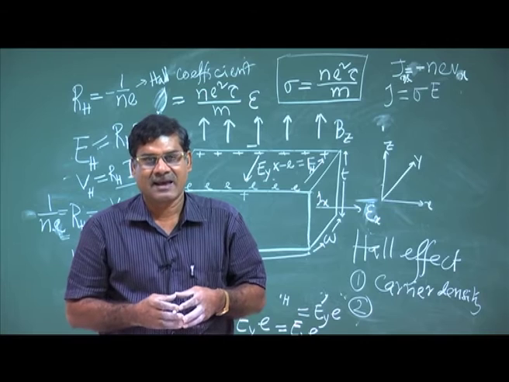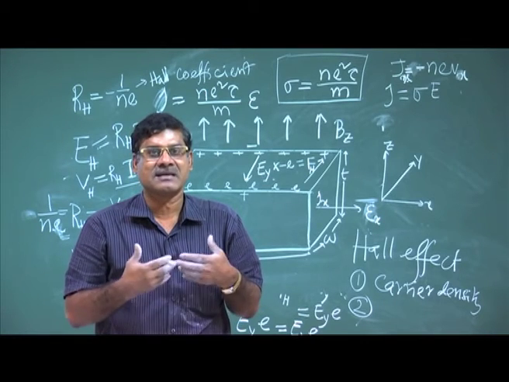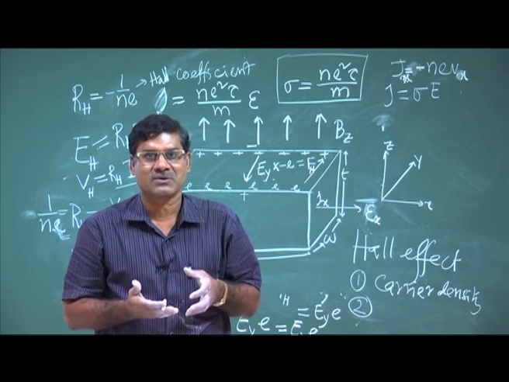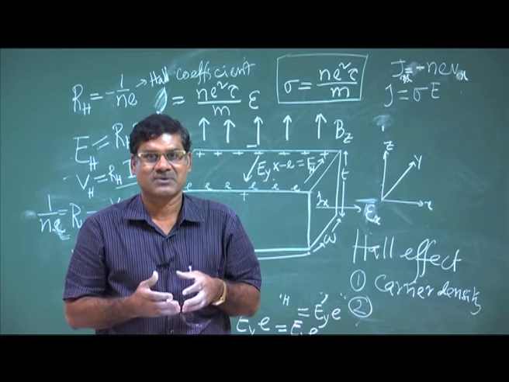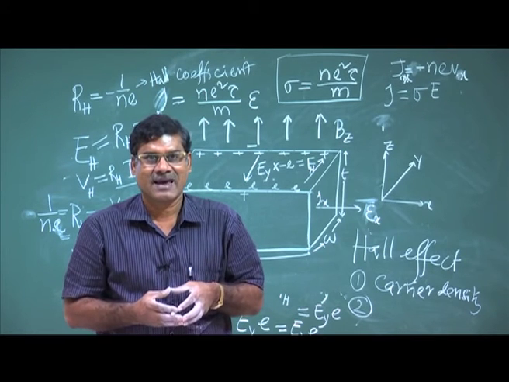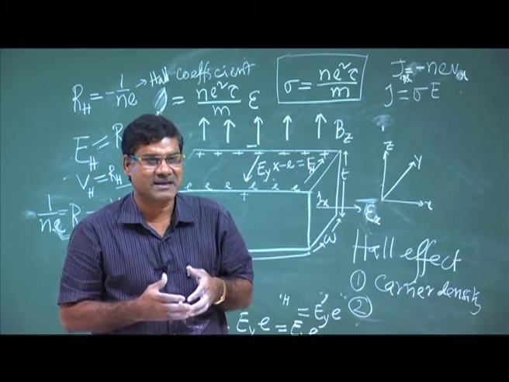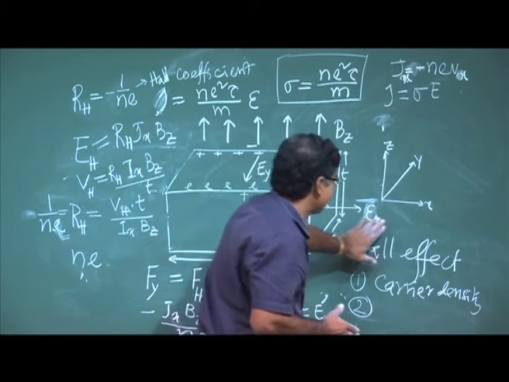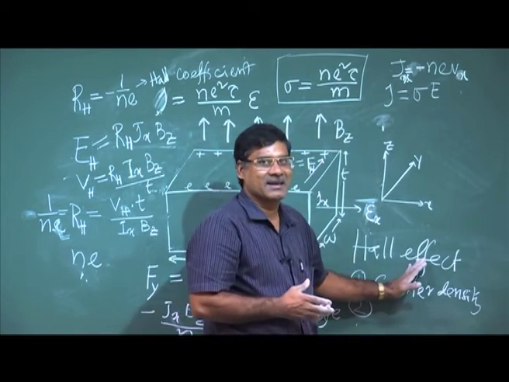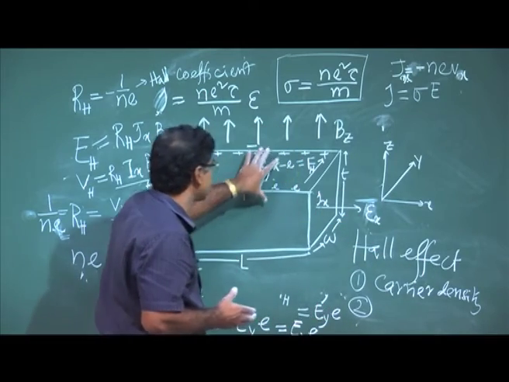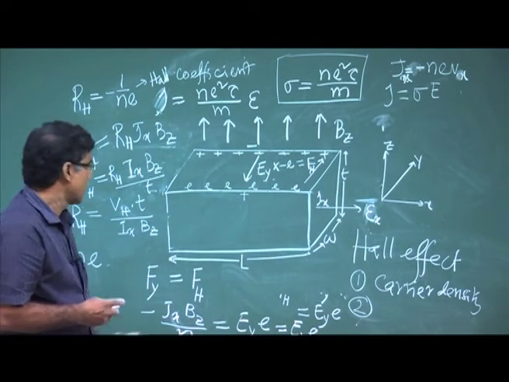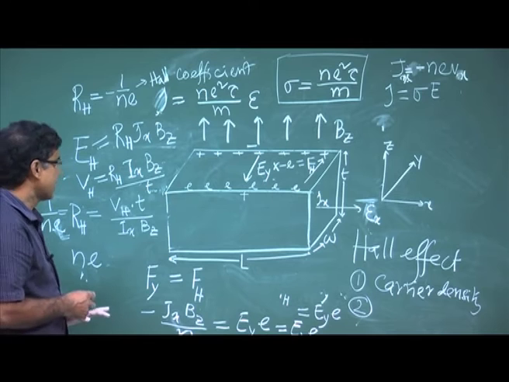And how to measure this density of carriers, one should be able to measure, and that can be measured using this fantastic effect, the Hall effect, and it is so simple, experimentally one can measure it easily.